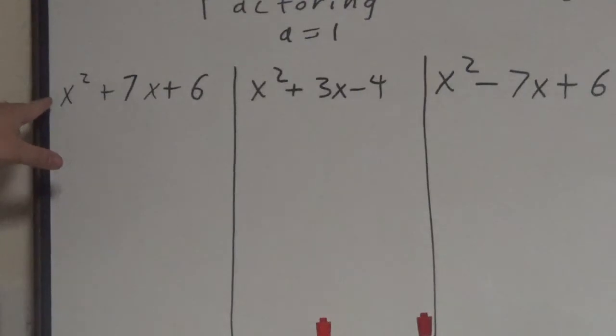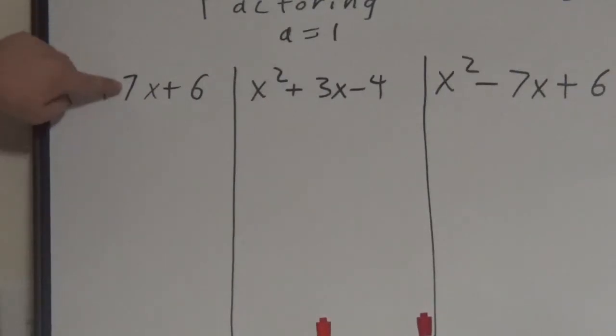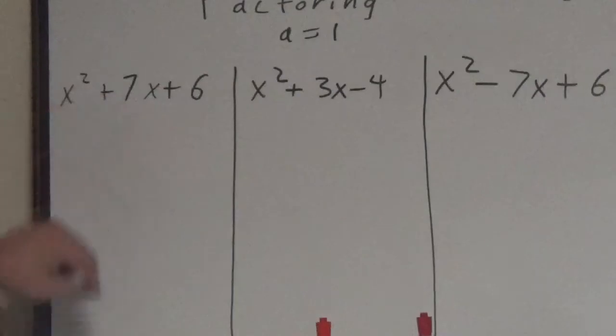So, when I say a equals 1, when we're talking about quadratic expressions or equations, the coefficient of x to the second power is your a value. The coefficient of x is your b value, and the constant, the number that doesn't have a variable, is your c value.